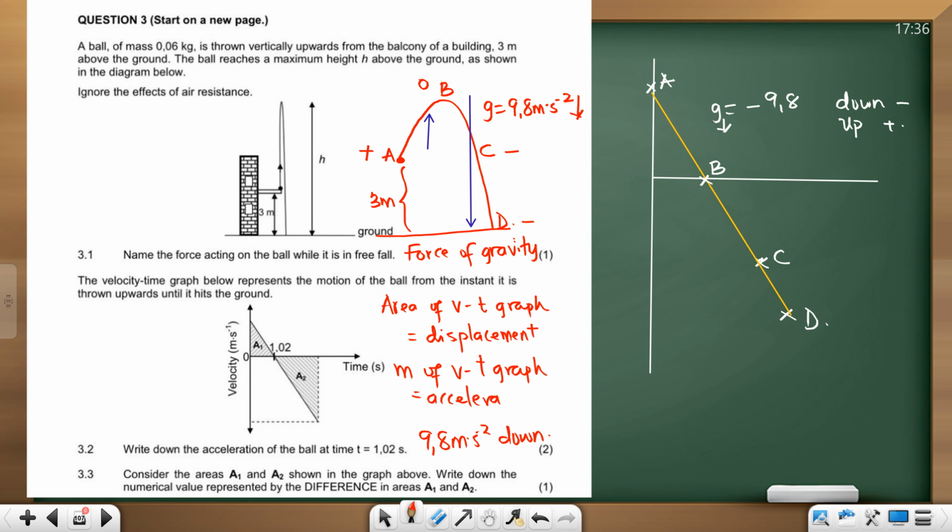Two important points there. Whenever I see a graph, that must come into play. The area is displacement, and the gradient is acceleration due to gravity. We can prove all of this with a calculation, but let's just accept that for now and move on together.